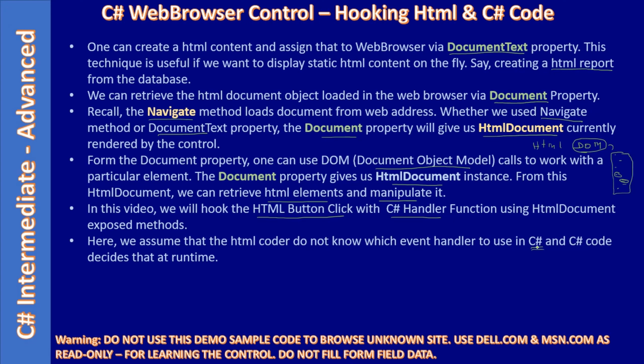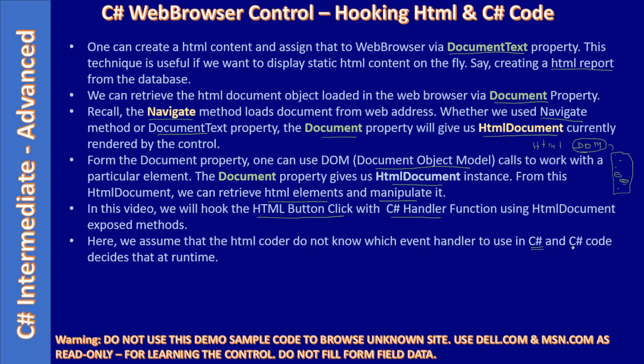That means they will create an input of type button and they won't provide the onclick attribute and its handler. Usually in onclick equal to, we specify the JavaScript function, right? Here the goal is to attach it to the C# handler, and we are assuming that the HTML coder does not know the method name of C# that needs to be hooked to the button.